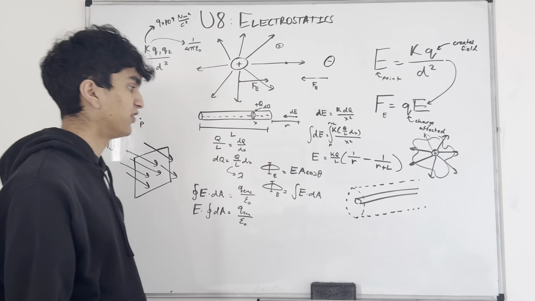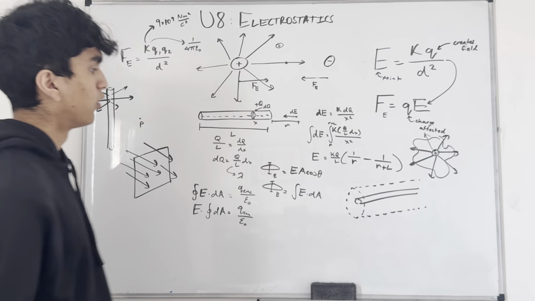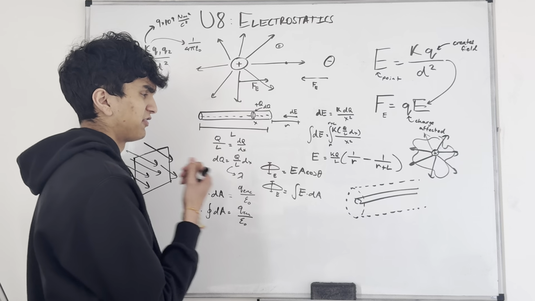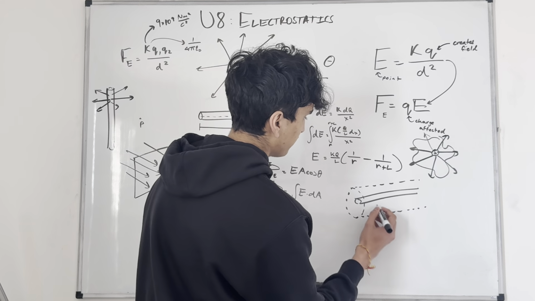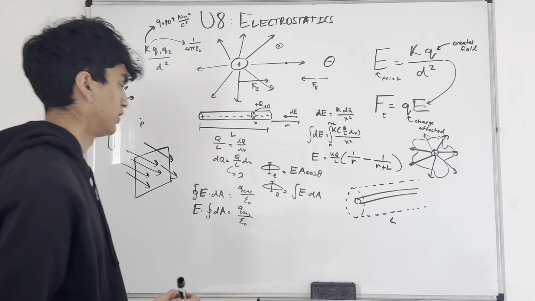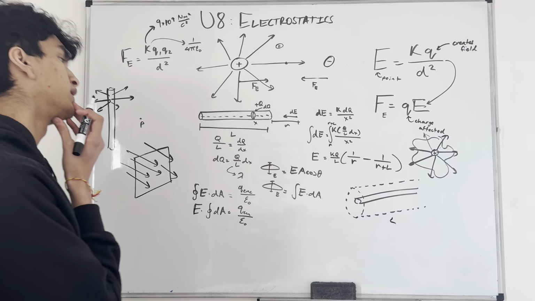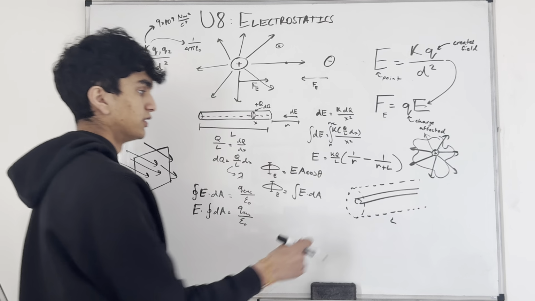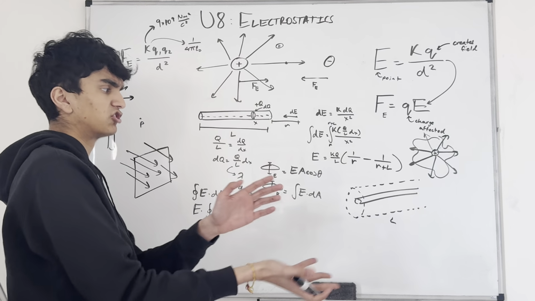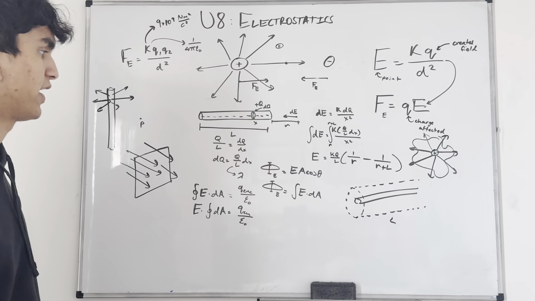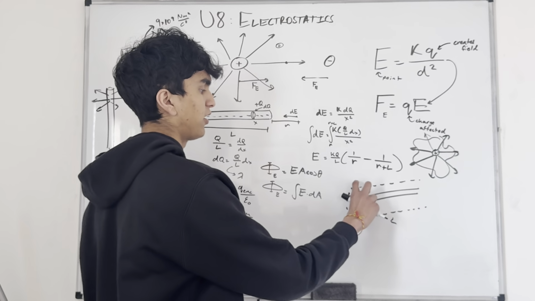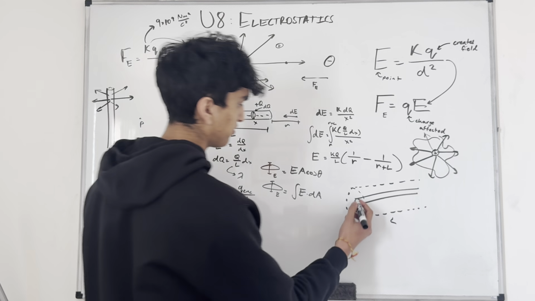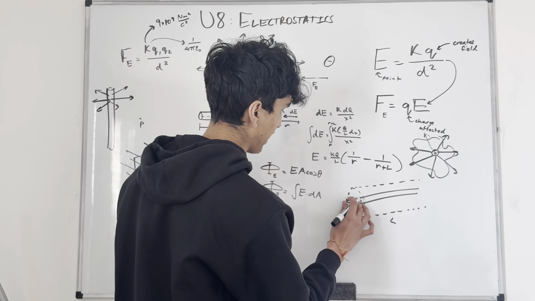The surface area of a cylinder, if this is a length L, would be 2 pi r L for the cylindrical portion, plus 2 pi r squared for the tops. But we're not worried about the tops, because there's generally not going to be any electric field coming that way.